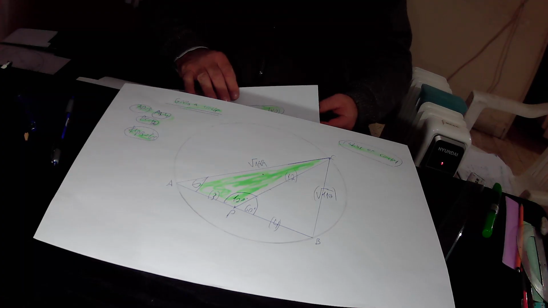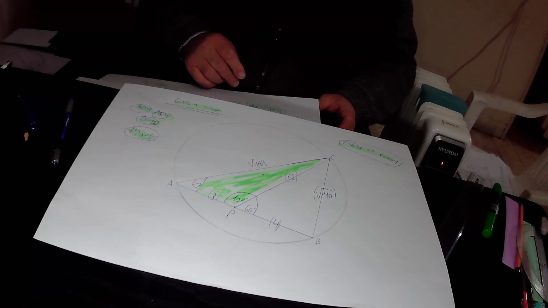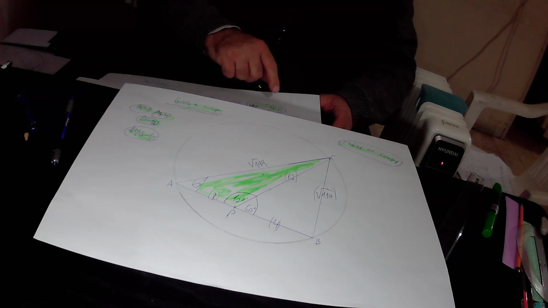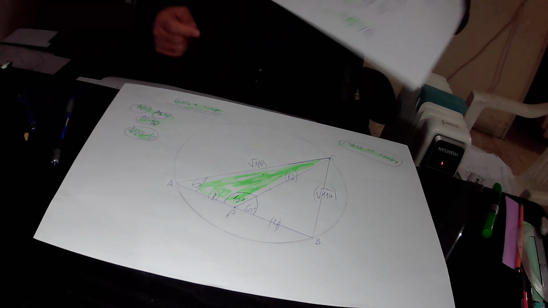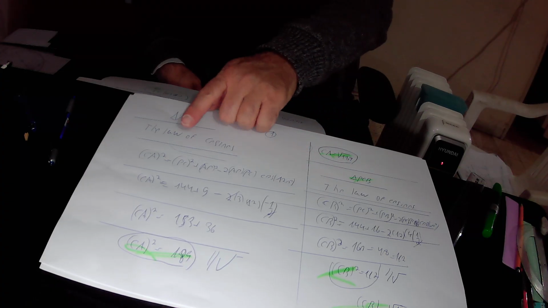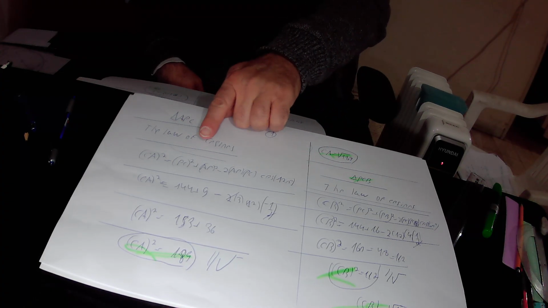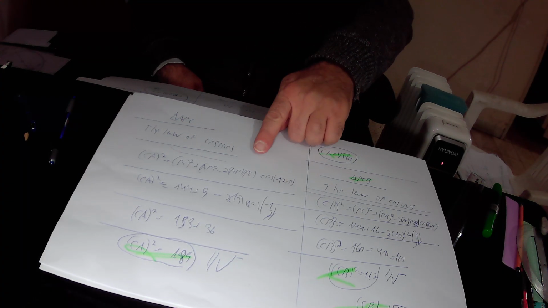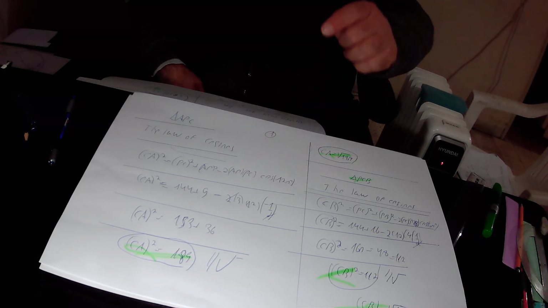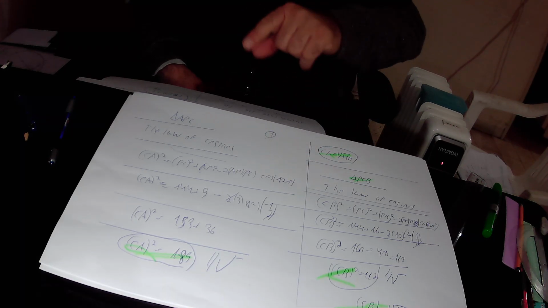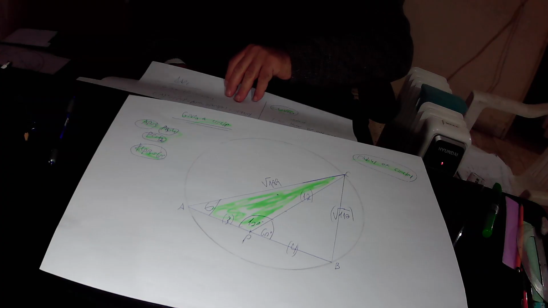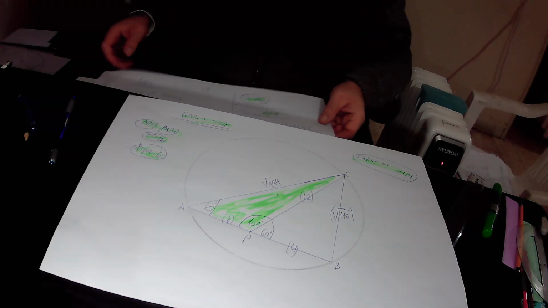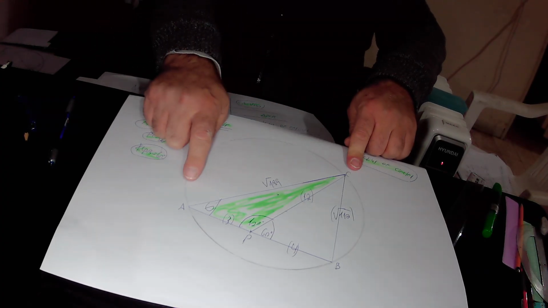Again, in this green triangle APC: CA squared equals PC squared plus AP squared minus 2 times AP times PC times cosine 120 degrees. CA is the missing side, so we leave it as it is.